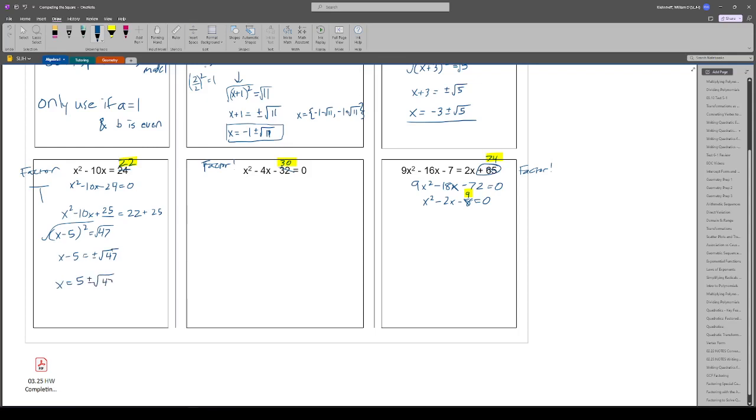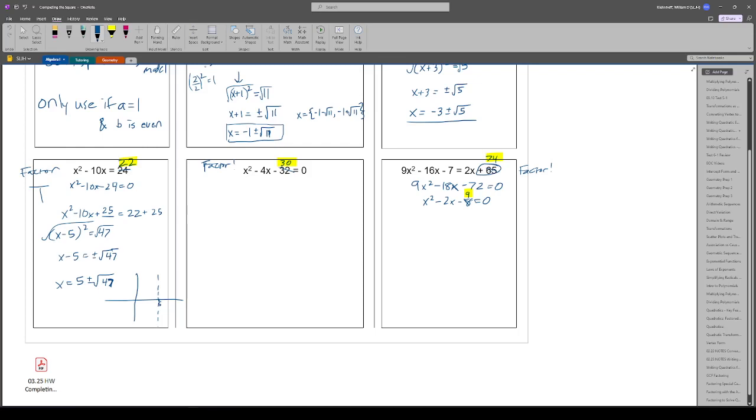So really quick before we do the other two, let's talk about what that means in terms of solutions. So first of all, this 5 is my axis of symmetry. So 5 is my AOS. And then square root of 47 tells me that my two solutions are that far away to the left and the right. Square root of 47 is a little less than 7, because 7 squared is 49.